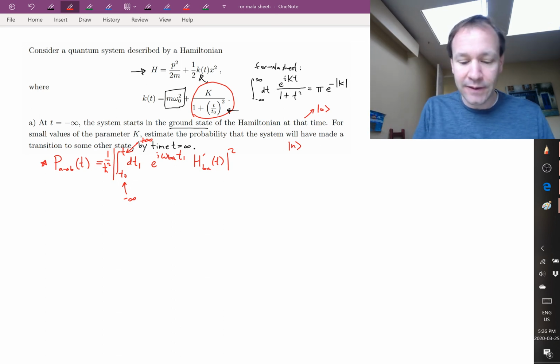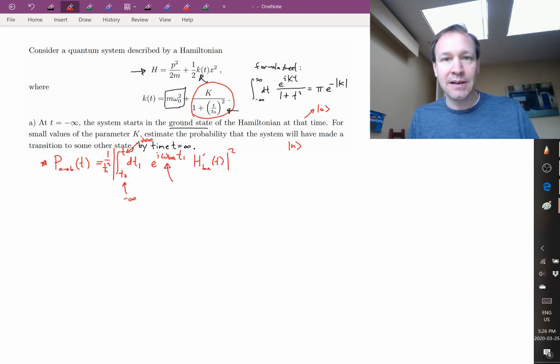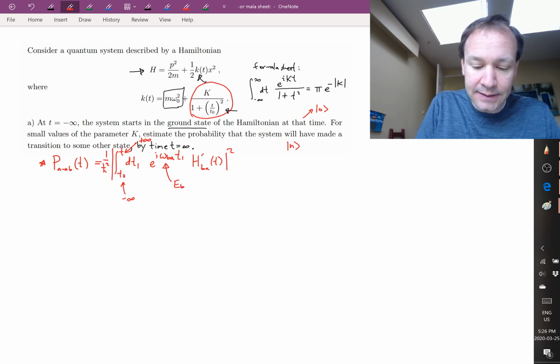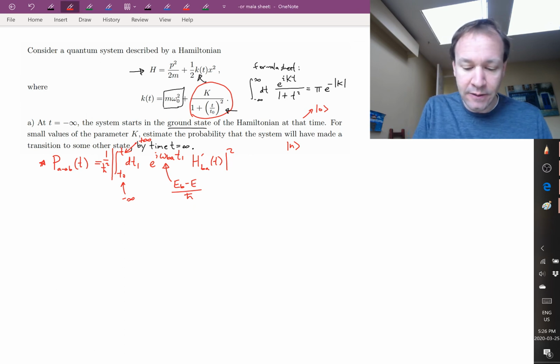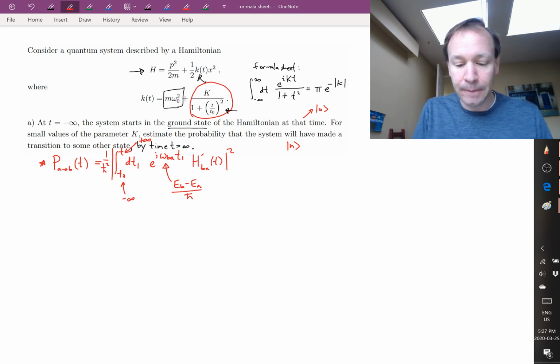The next thing we have to figure out is what is this omega BA in our integral. If you remember, that is the energy difference between our final state and our initial state divided by h bar.